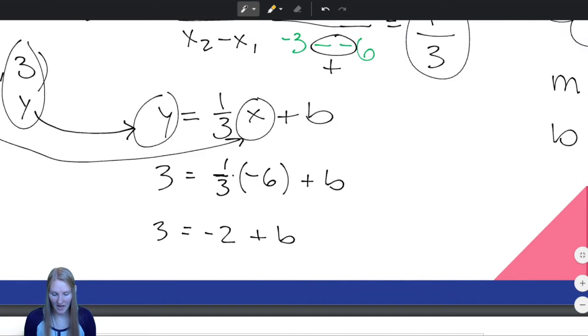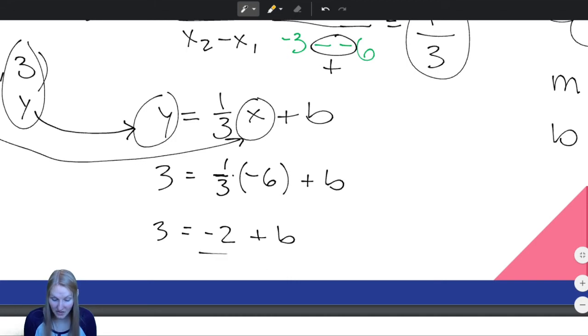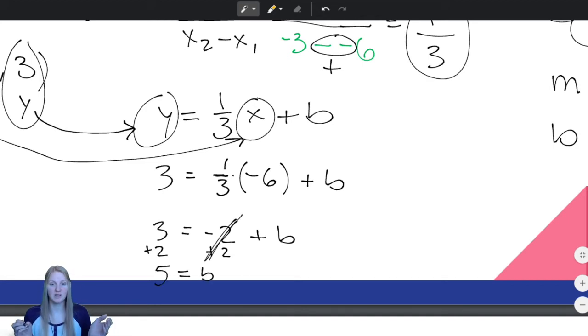This is an equation that I can solve for b. b plus negative 2 equals 3. Well, let's get b by itself. Let's add 2 to both sides. Gets rid of the negative 2. And I get 5 equals b. Hey, now I know what b is.